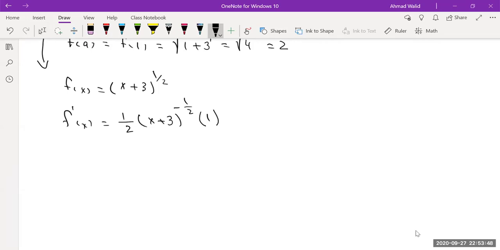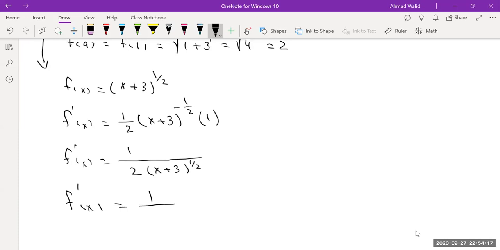Let's simplify this a little bit. Then f prime x equals 1 over 2 times (x plus 3) to the power of 1/2, since when you bring it to the denominator, the negative 1/2 becomes a positive 1/2. Or you can write f prime x equals 1 over 2 square root of x plus 3. That is your f prime x.